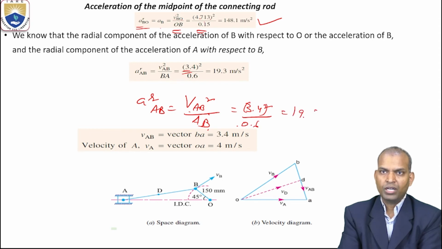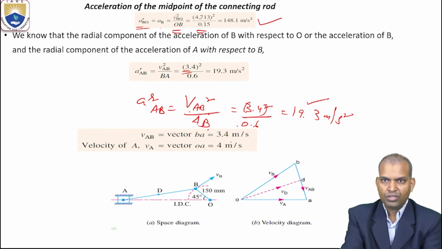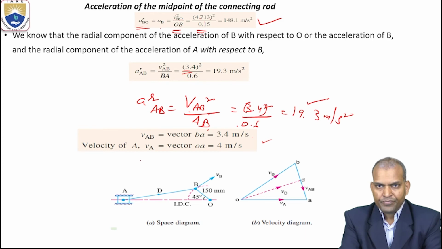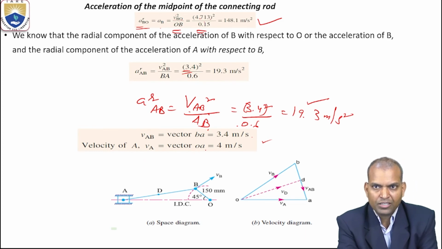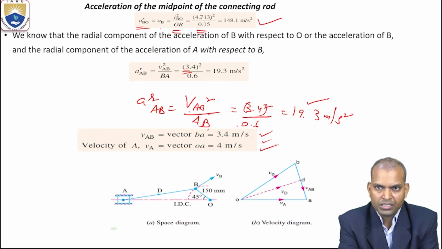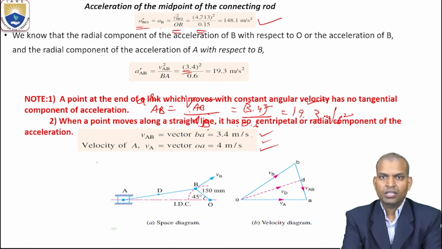That is 19.3 meter per second square, the radial component of acceleration. Now the velocity V_AB, vector BA, equals 3.4 meter per second, and the velocity of A, vector OA, equals 4 meter per second. We found these radial components.